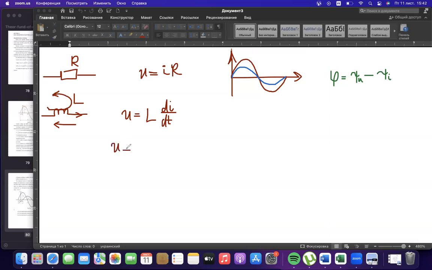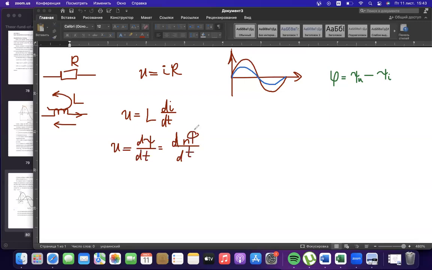Generally, in physics, voltage appears from the changes of magnetic field, and it means that the number of wires multiplied by the so-called magnetic flux, and its derivative per time.